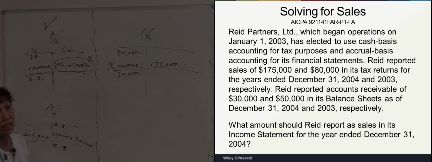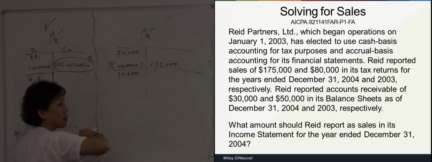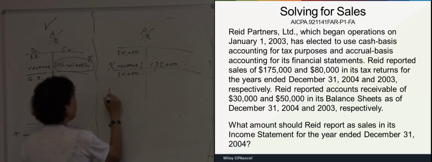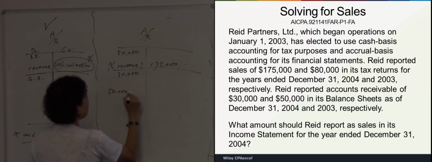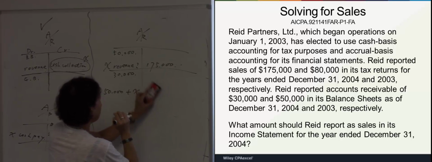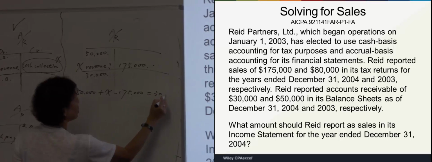Yes, this is the second type of question. You use a T account. Whatever balance is shown on the debit side is positive, and on the credit side is negative. So we have 50,000 plus X minus 175,000 equals 30,000.